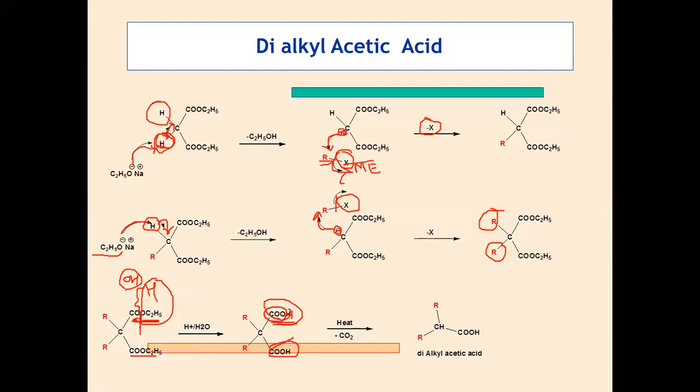So this is R, okay, this is also R. This is another R, so that is a dialkyl. This one is a carbon and this one is a hydrogen. So this is a CH, and this remains as a COOH. So there is a formation of a dialkyl acetic acid.